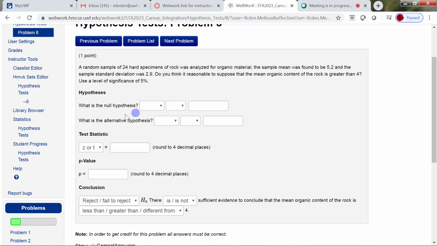Let's go ahead and do what we can on this part real quick. It says, what is the null hypothesis? We're dealing with the mean, so that's going to be mu, the mean content of the rock is greater than 4.